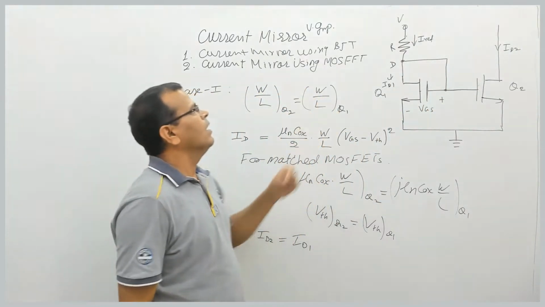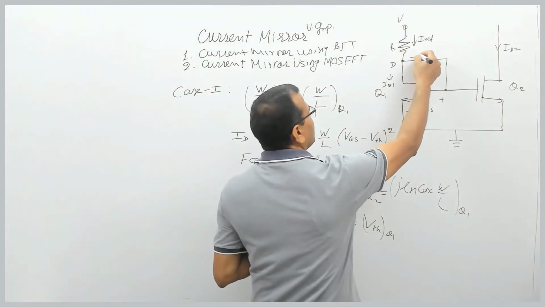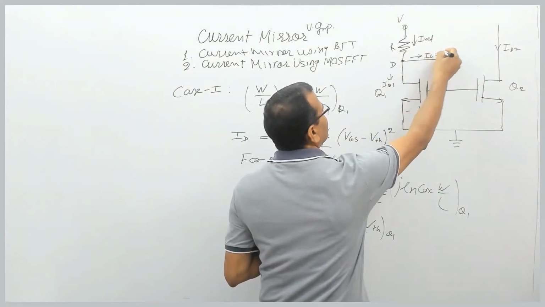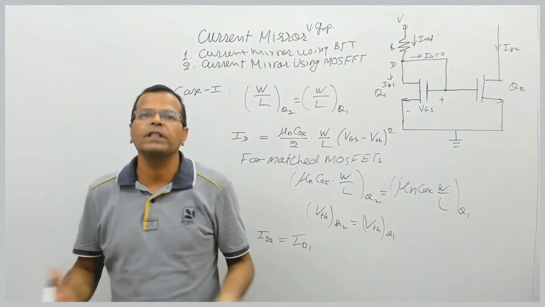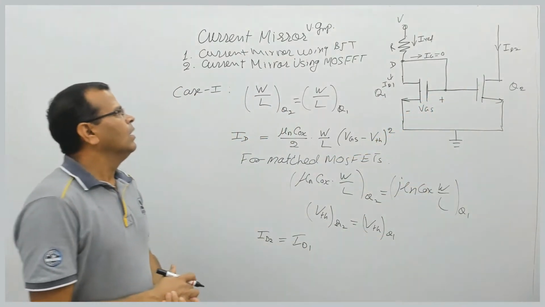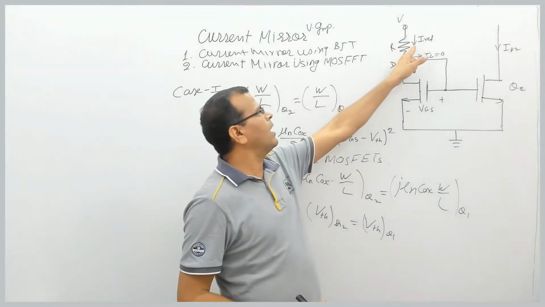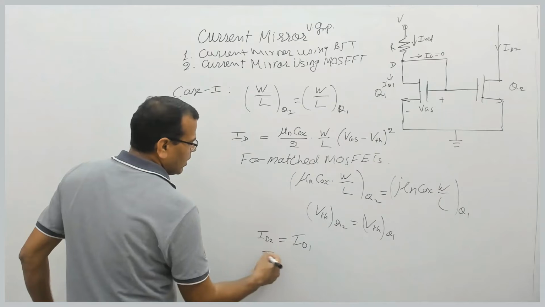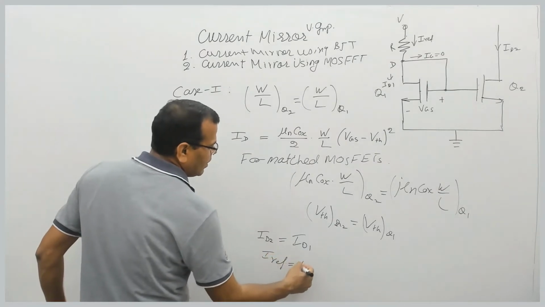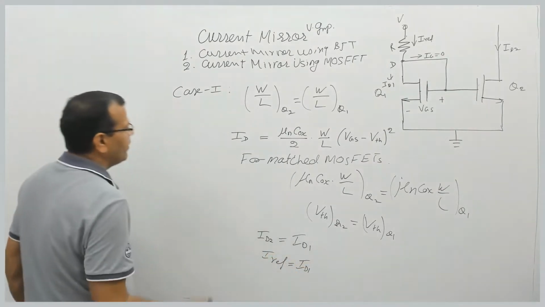Now, since the gate current here is 0, current in this direction is 0. Why? Because gate current in a MOSFET is always 0. So the current IREF must be equal to ID1. So the current IREF is equal to what? Drain current ID1.